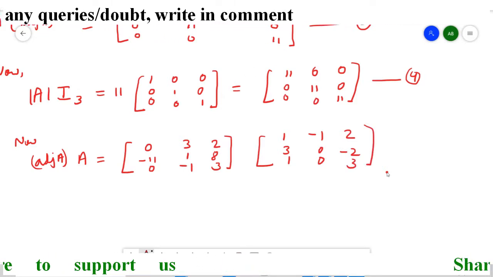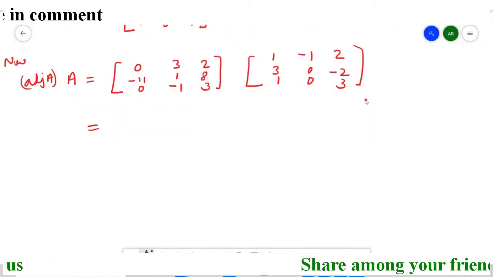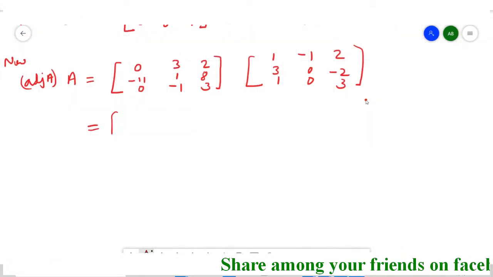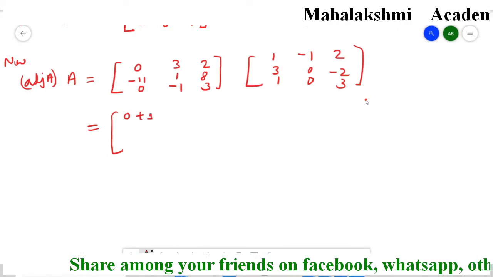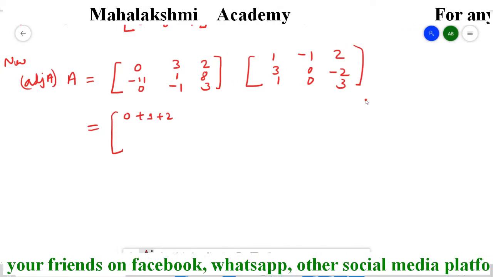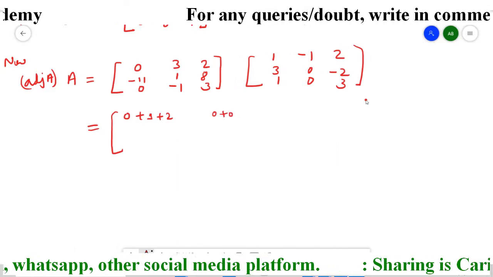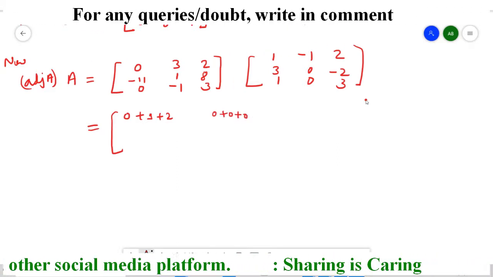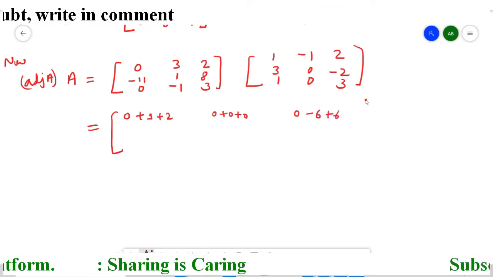So we'll start to multiply now, in the same process as we multiplied the previous matrices. First row multiplied by the first column. So we'll get here 0 plus 9 plus 2. Then first row multiplied by the second column. So you will get here 0 plus 0 plus 0. And here you will get 0 minus 6 plus 6.